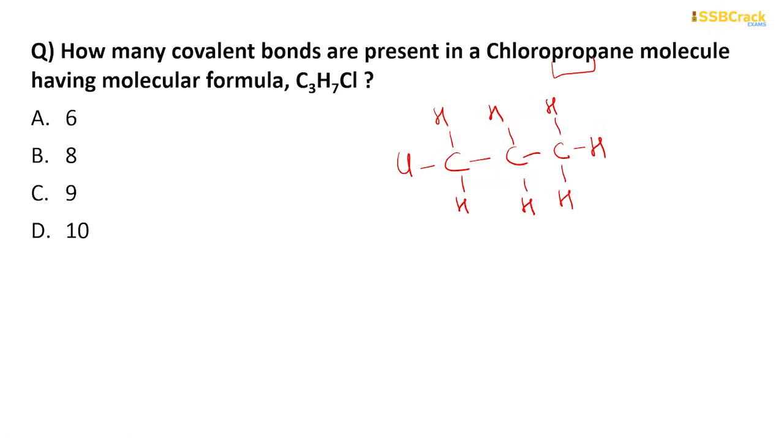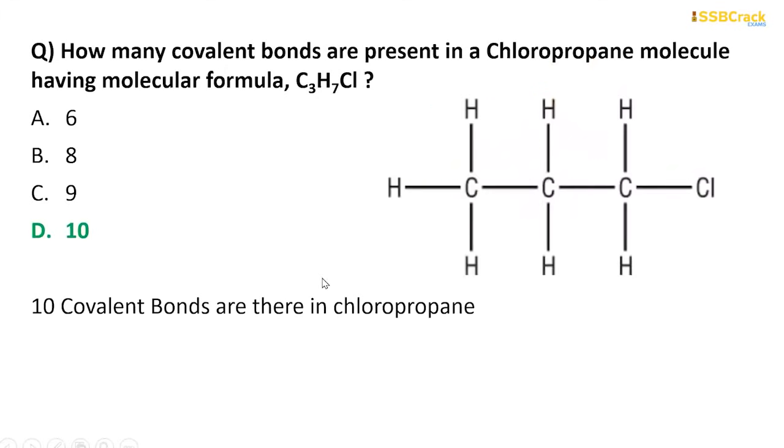So let's start counting one by one: first, second, third, fourth, fifth, sixth, 7, 8, 9, and the last 10. So we have 10 covalent bonds. The correct answer will be 10. There are 10 covalent bonds present in chloropropane.